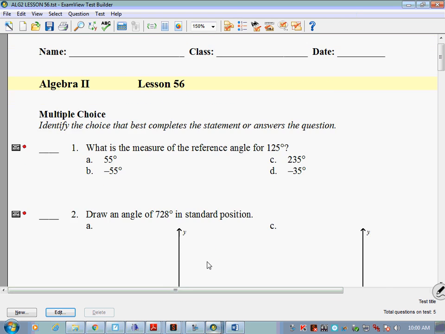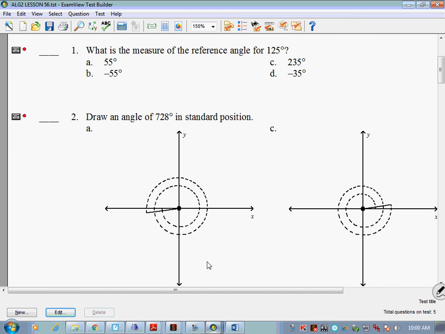Okay, lesson 56. What is the measure of the reference angle for 125 degrees? All right, so keeping in mind, this is my initial side. 125 degrees is going to take me into the second quadrant. So my reference angle is going to be the distance from here to here.